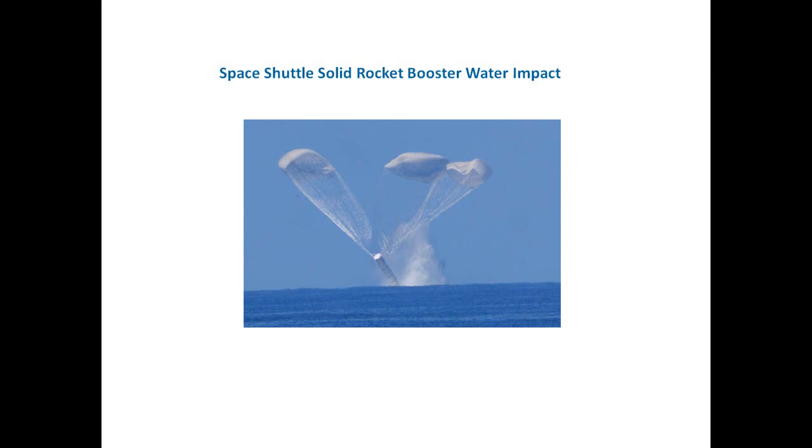They were shipped back to shore and were refurbished and flown again. So the parachutes helped mitigate the water impact shock. And within these solid rocket boosters there were some avionics components, and those were likewise recovered, refurbished, retested, and flown again.